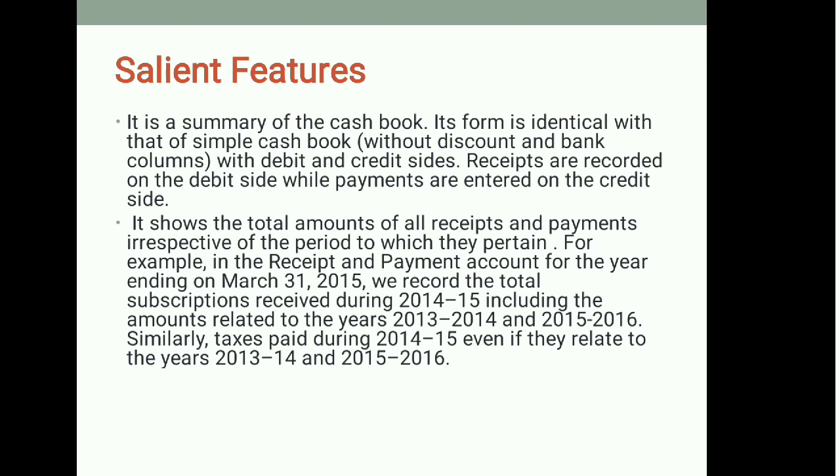It doesn't matter which year the subscription is related to, we have to calculate all the subscriptions together, and all the receipts will be on the receipts side. And it doesn't matter whether the expense is of the current year, the next year or the previous year, it will all be on the payment side of the receipt and payment account.